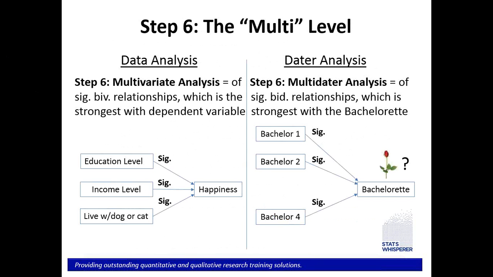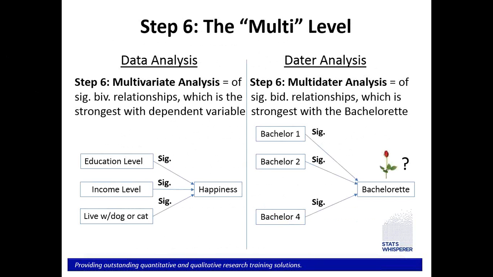And that is the bachelor who receives the rose, indicating the strongest relationship. Now in data analysis, we don't have any roses, but the process and what's indicated are quite the same, right? So in data analysis, we're taking all the predictors that have a significant one-on-one relationship with the dependent variable happiness, remember? And that was identified in bivariate analysis.